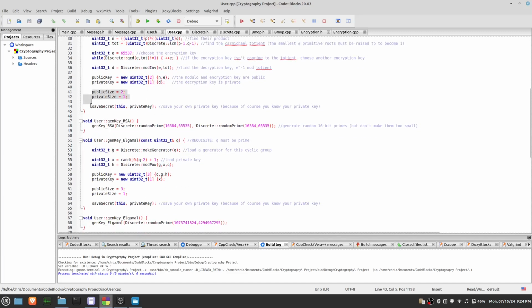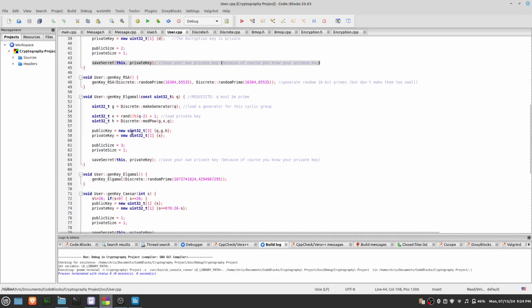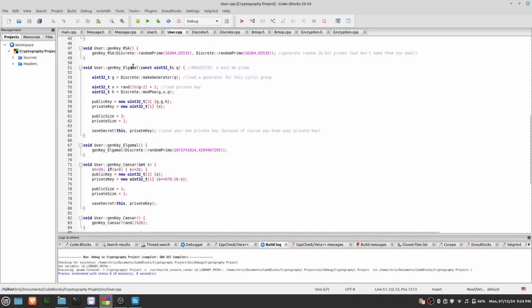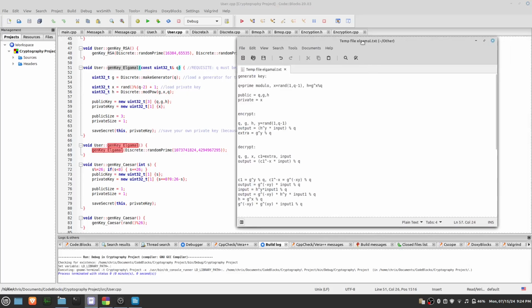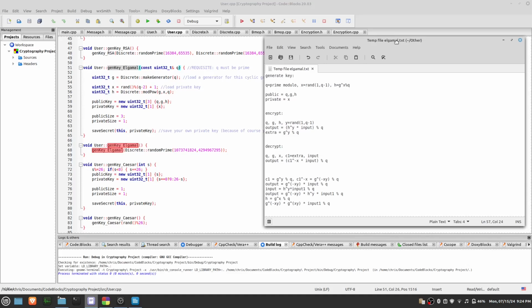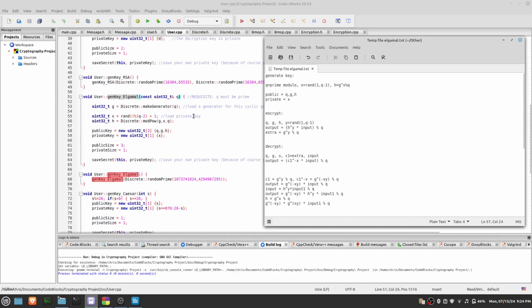We record the private key, and then we save the secret, because of course we already know our private key, so we're going to save that. And then ElGamal. This ElGamal is quite a bit more intricate than RSA encryption, to the point that I had to write a cheat sheet for myself to make sure I got the facts right. First things first, you take Q, which is prime.